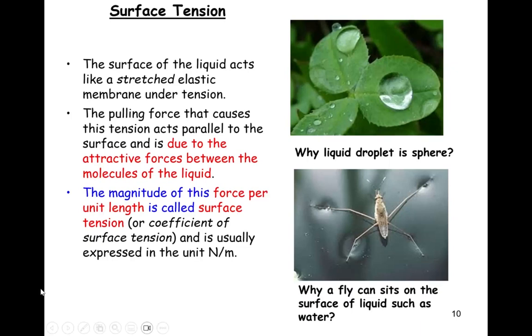Now, the surface of the liquid acts like a stretched elastic, similar to the droplet, or like an elastic membrane under tension. The pulling force that causes this tension acts parallel to the surface and is due to attractive forces between the molecules of the liquid. The magnitude of this force per unit length is called surface tension.